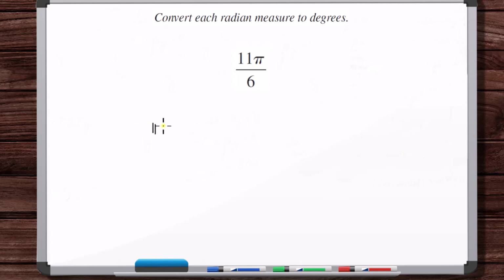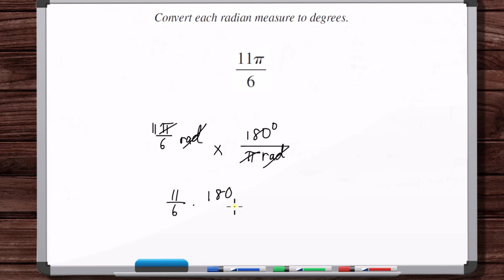Okay, 11 pi over 6 radians times pi radians for every 180 degrees. The pi's cancel, so we've got 11 over 6 times 180. 6 times 3 is 18, so this is 30. 30 times 11 is, 30 times 10 is 300, plus another 30, 330, so 330 degrees.